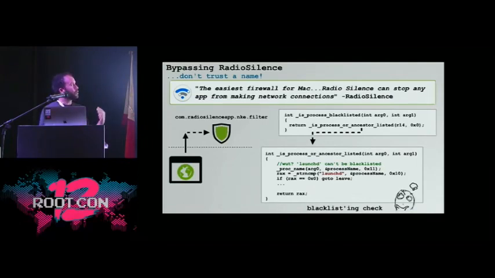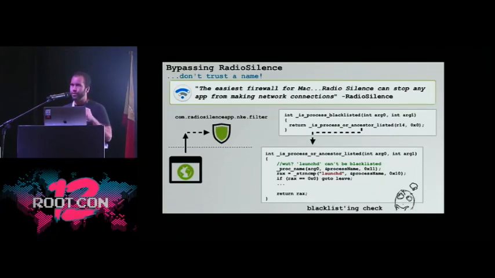Okay, so the first one we're going to talk about is Radio Silence. And again, our goal is to somehow be allowed to access the network without these firewall products detecting or alerting the user that this is what we're trying to do. So Radio Silence is interesting because it's a firewall product that takes a blacklist approach. That is to say, by default, it will allow any new traffic.